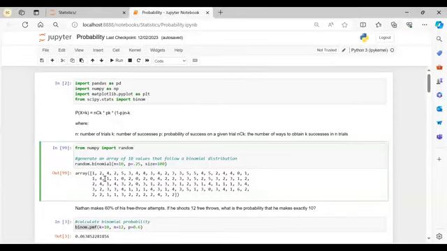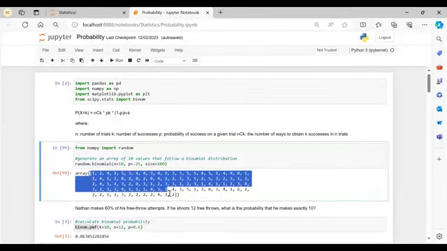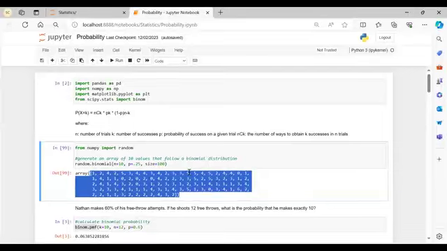So now whatever values it generates would be between 0 and n, between 0 and 10. And based on the probability of occurrence of each of the values, the values would be generated based on those probabilities. So if the probability of 5 is higher, then you will see more 5s in your sample. That's how you can use this distribution to generate the values. So that's how I got this particular array of 100 values coming out from this binomial distribution. Now I can use it for my analysis.